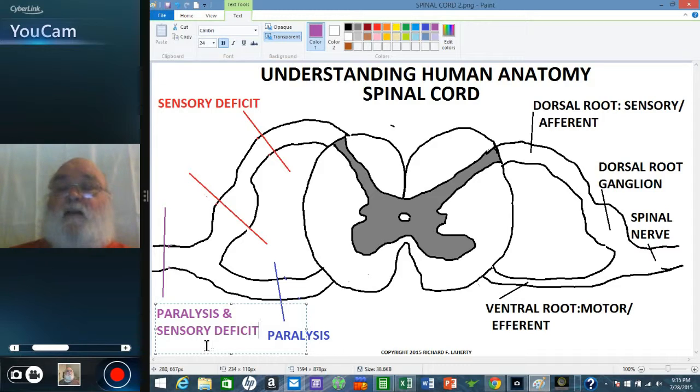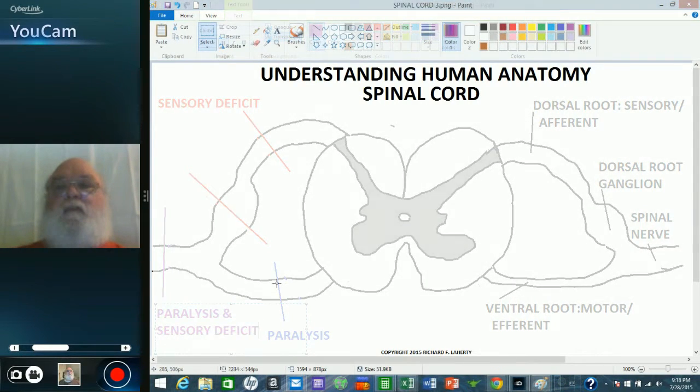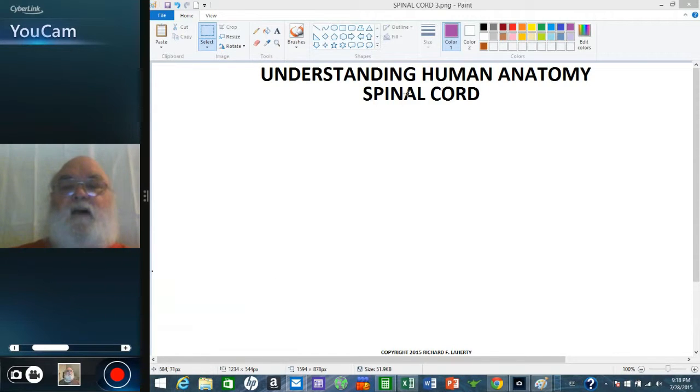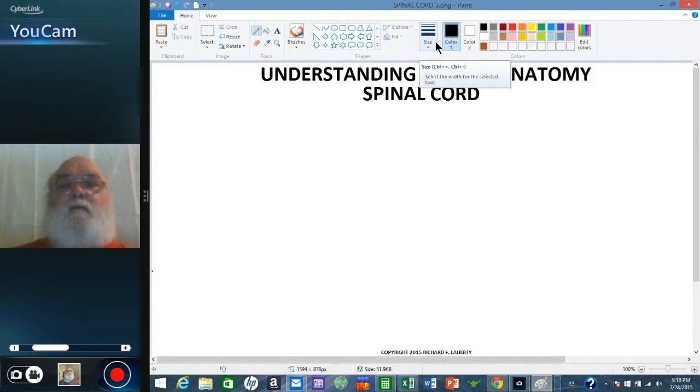Now, in the next slide, I want to look at a longitudinal view of the spinal cord. Now, in this slide, what I want to do is look at the spinal cord in a longitudinal section.